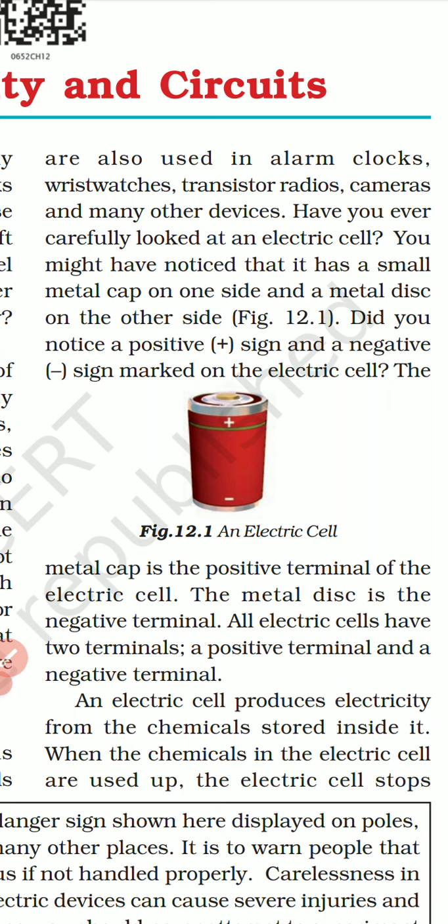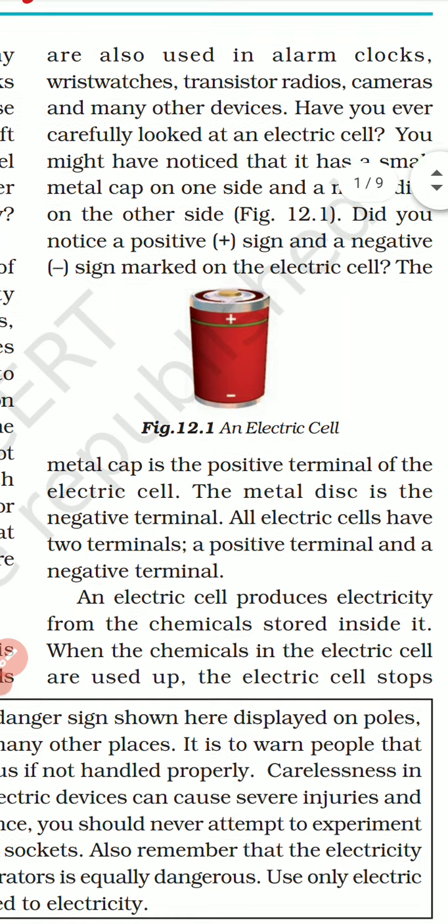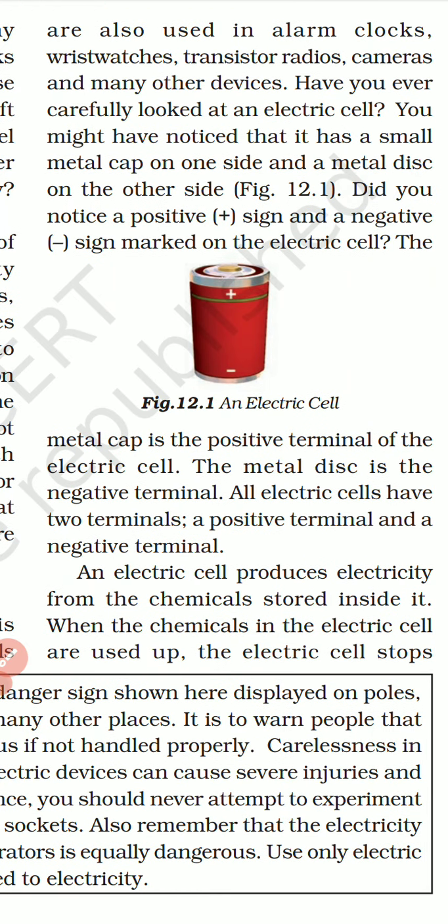One side will have a disc. Disc means it is flat. A cap means that it is a little rounded. Did you notice a positive, that is plus sign, and a negative, that is minus sign, marked on the electric cell? The metal cap is the positive terminal of the electric cell. The metal disc is the negative terminal.